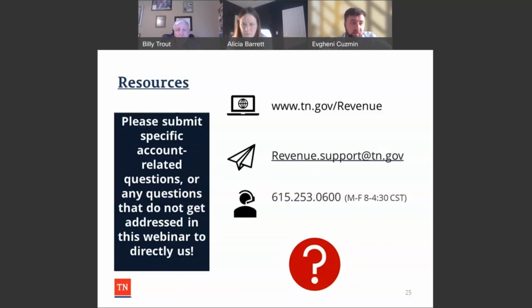Now, if you have a Kentucky business and you sell in different locations in Tennessee, say you have customers in Knoxville and customers in Shelby County, in Nashville, all of those sales will be sourced to those specific customer addresses based on where you deliver or ship the goods.